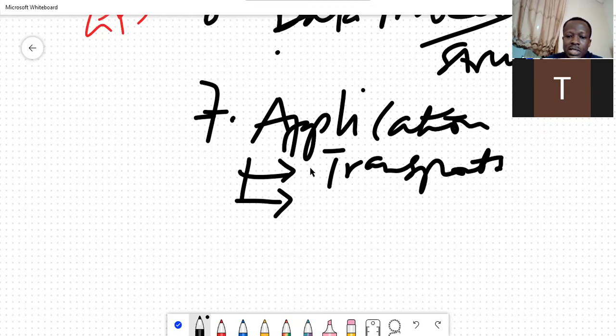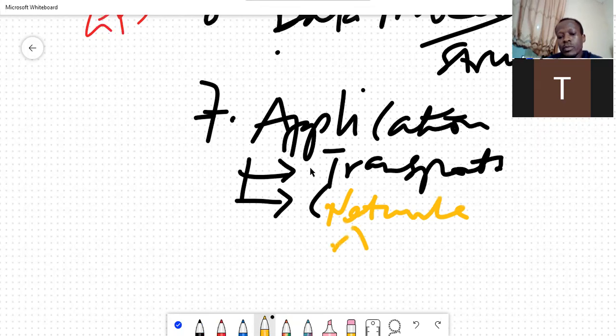So transportation will be network analysis. Anytime you talk about network analysis, you know that you use this to support your transport.